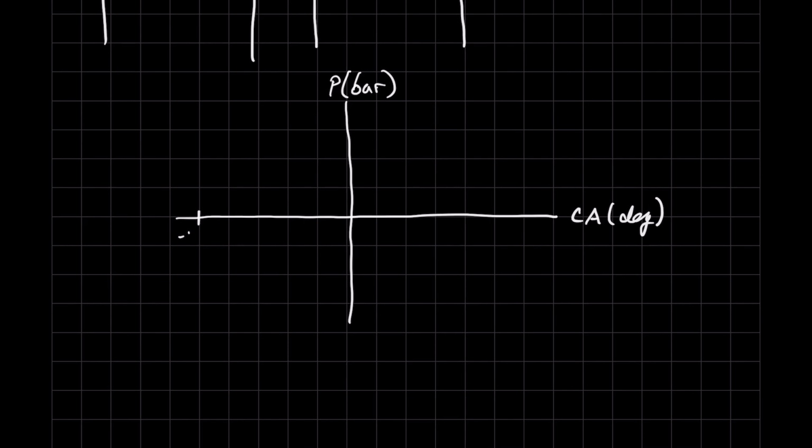And our data file starts at minus 360. Of course, we have 0 degrees here, and our data file ends at plus 360. And so if you were to plot that pressure versus crank angle, you would essentially find something that looks like this, okay? And you can go ahead and do that and take a look at it. But what's important is that the minus 360 is the start of the one cycle.